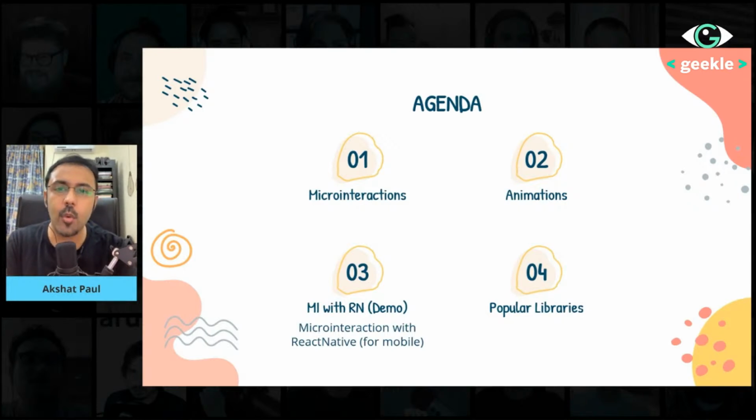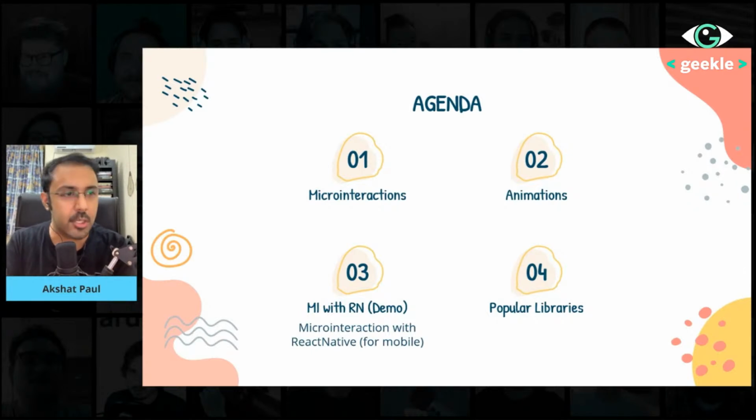So I'll show you a quick application of how you can build it, and my target is that by the end of this talk you should be able to build small microinteractions in maybe a not so intuitive application, if you have built any, and include them and build a better connection with your users, and you'll see how important they are.